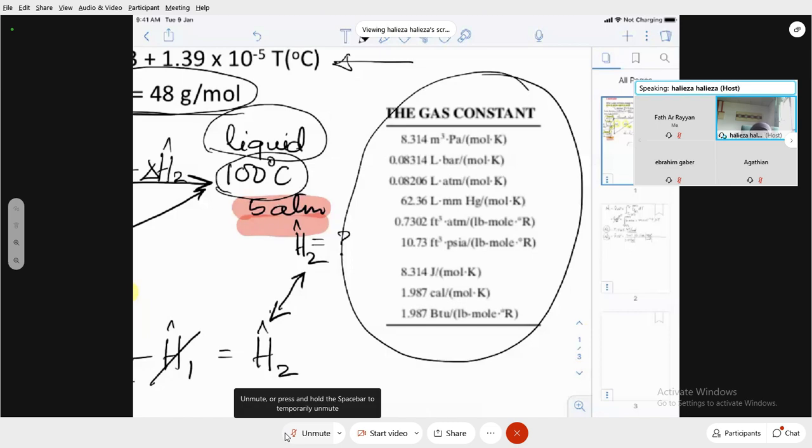I'm not going to use this equation because that's in English units, so I'm going to use the first gas constant as my conversion factor.